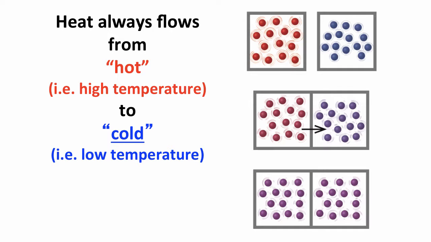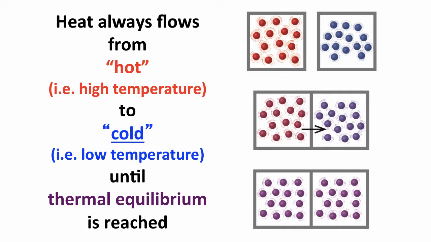And the heat flow, if given a chance, will continue until we reach thermal equilibrium, where the two objects that are in contact with each other are at the same temperature. Of course, these are very simplified situations. In most situations in the world, things are a little bit more complicated in terms of interpretation, but these basic principles always apply.